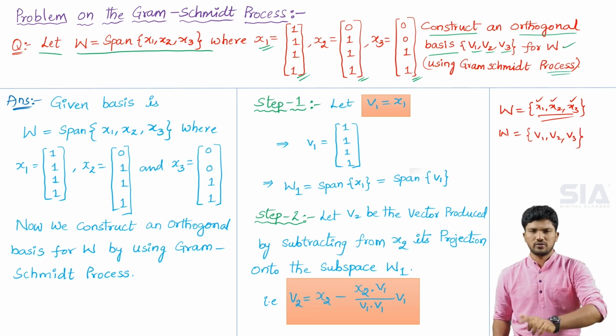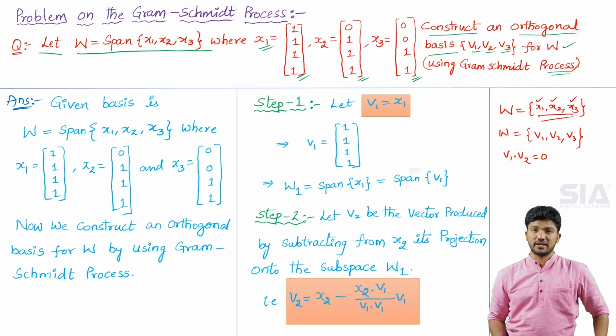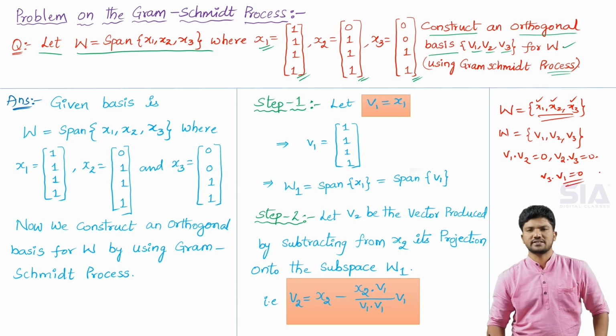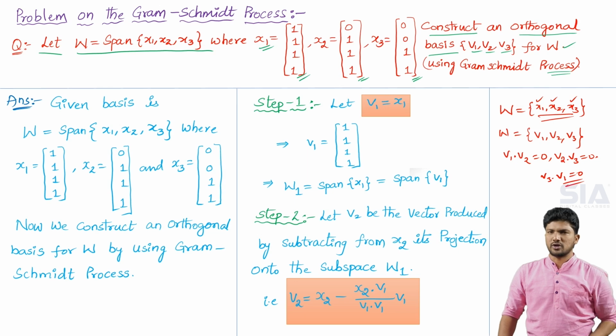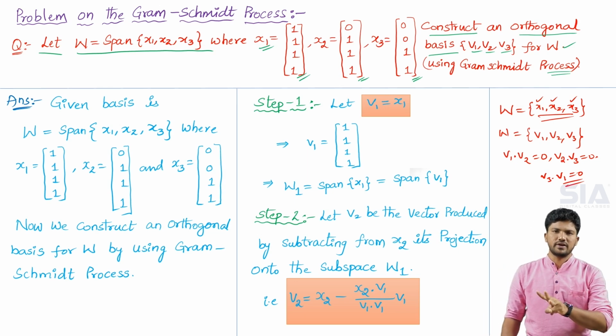And what is the condition? The resultant vectors should satisfy that the product v1 into v2 is equal to 0, v2 into v3 is equal to 0, and v3 into v1 is also equal to 0. So after completion of the Gram-Schmidt process, at the end of the problem we will get the three vectors v1, v2, v3.